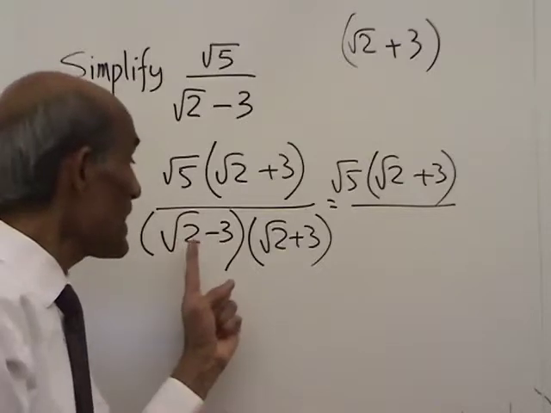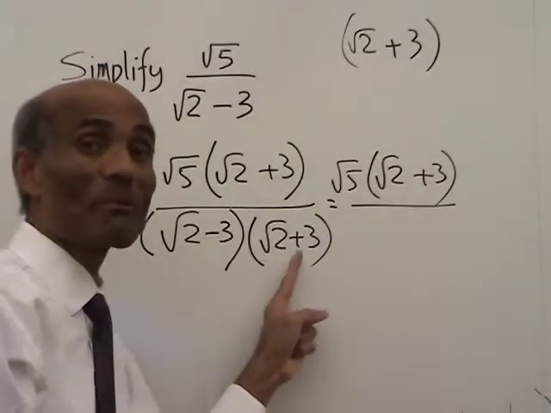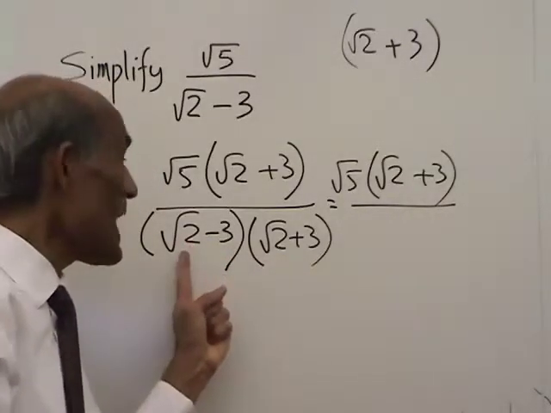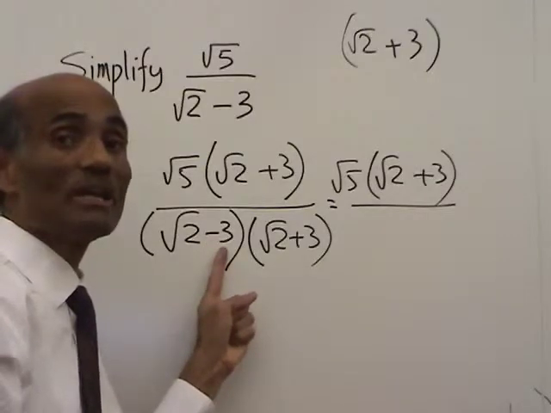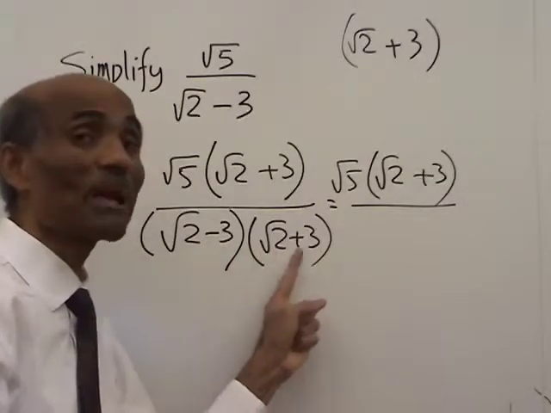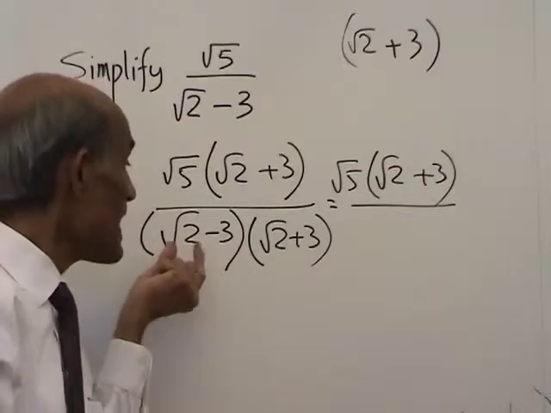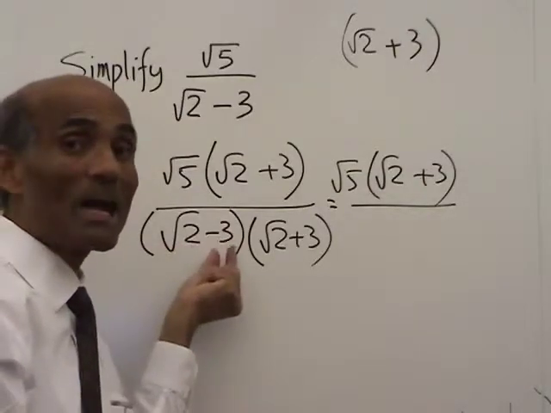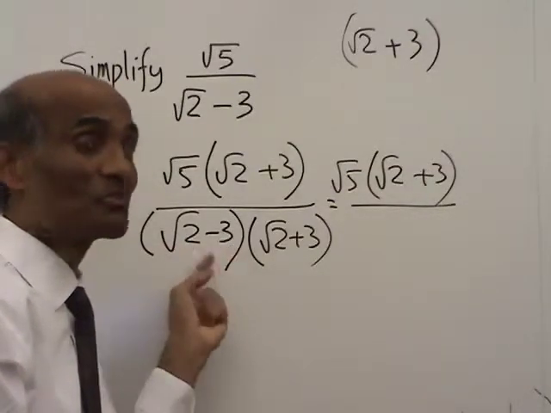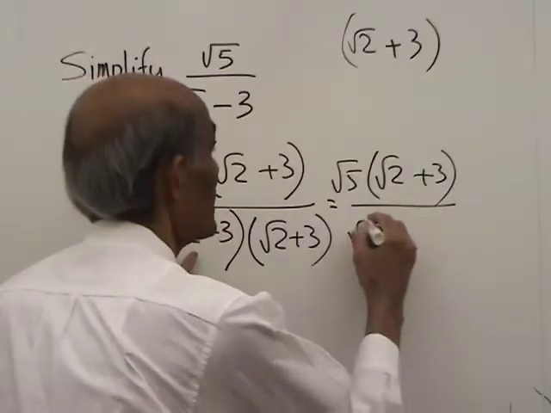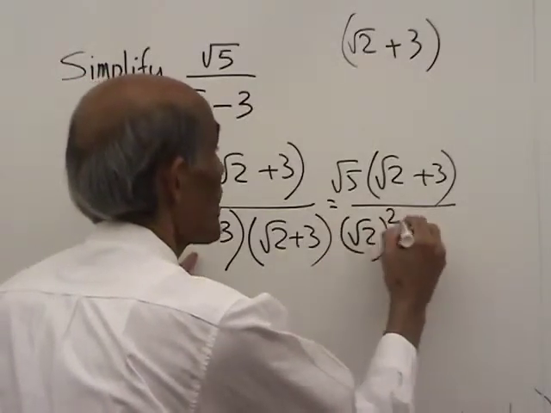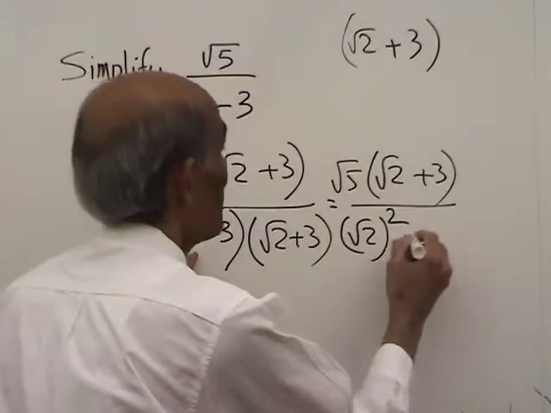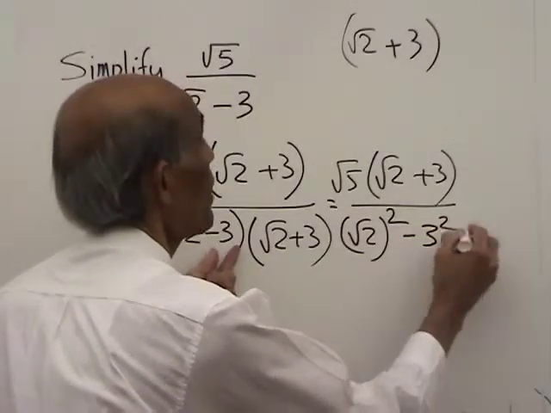You see, this is a difference multiplied by a sum. Look at this. a minus b times a plus b is a squared minus b squared. So this will be the square of square root 2 minus the square of 3.